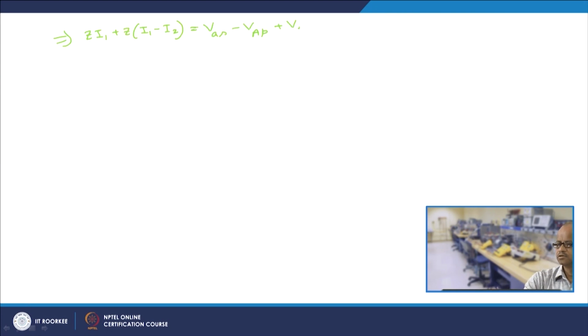In other words, it is 2ZI1 minus ZI2 is equal to VAS minus VAP plus VCP minus VCS. So, this is equation number 1.